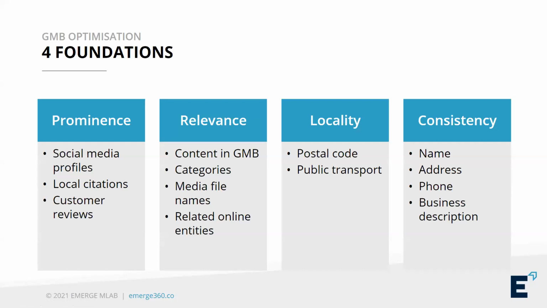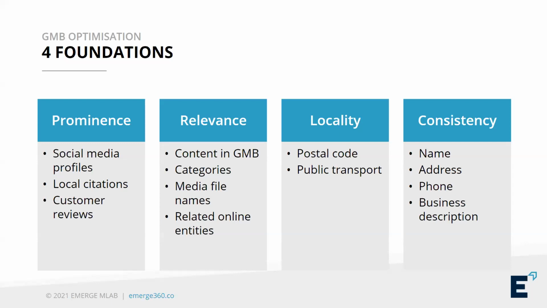So for prominence, what can you do? What you can do is you can set up additional social media profiles and then put in your business information in there, and make sure that they are similar to the information that you have actually put in your Google My Business account, so that Google can see that they are related and they are accurate. Right? Also register your business with online directories as well.